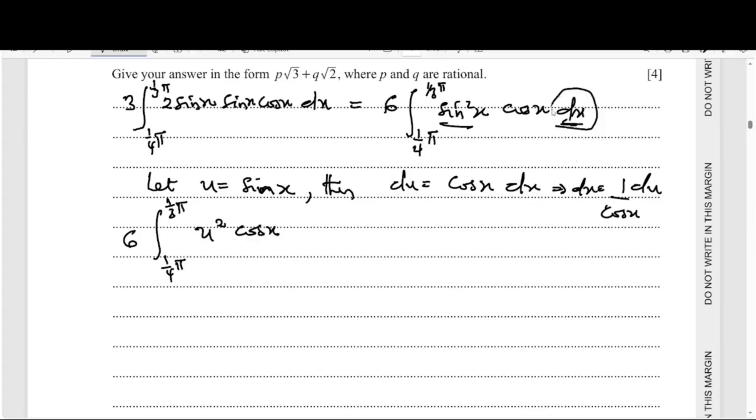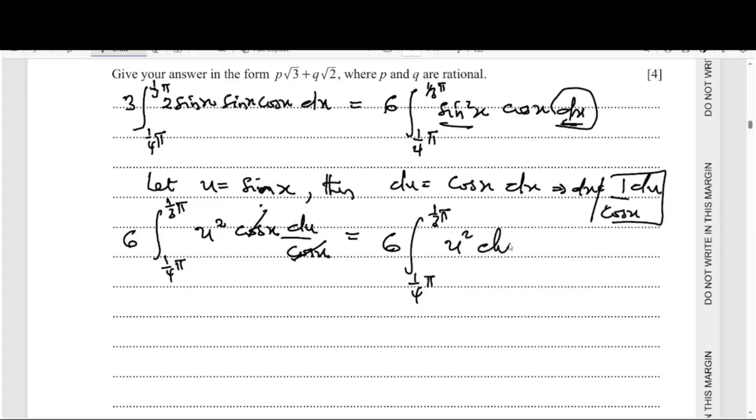Then dx is now replaced by du over cos x, so that this cos x and this cos x will be dealt with. Now we have 6 times the integral of u squared du. Now you realize that everything except the limits is defined for u, so we can comfortably do our integration.